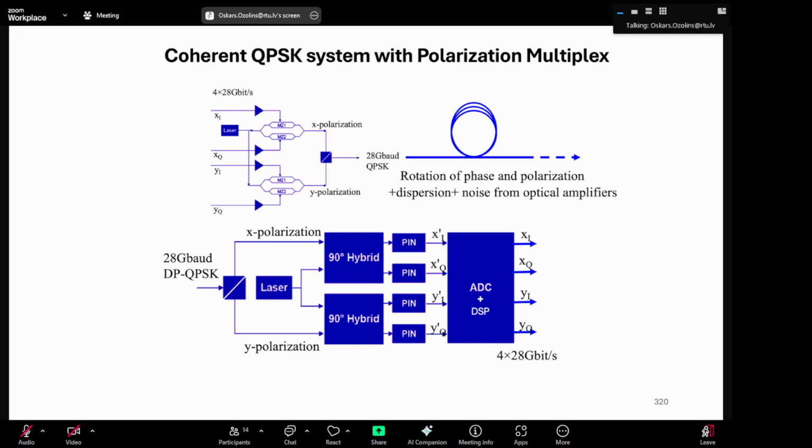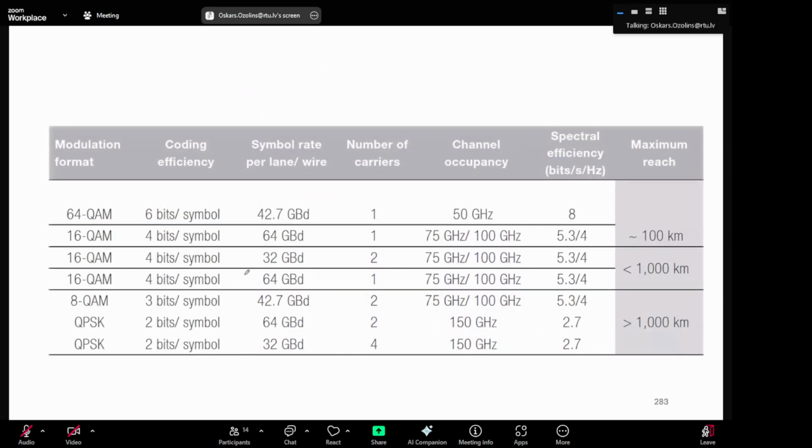Fighting noise from optical amplifiers is difficult. If there could be a study showing that you can get rid of additive white Gaussian noise, I think you would get the Nobel Prize quite immediately. But in this case, fighting noise is just choosing a modulation format, as we saw in this table earlier today. For a shorter reach, you get higher order modulation formats.